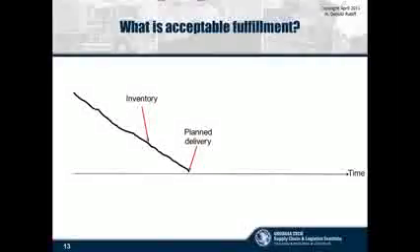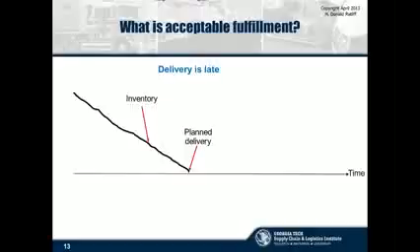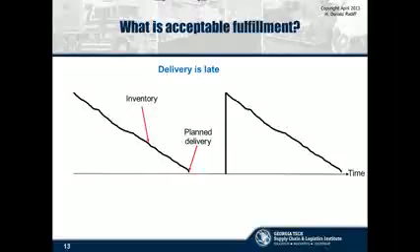There's another question which comes up, and that's what is acceptable. If I'm talking about fulfillment, what's acceptable? I've got my inventory, I've got my planned delivery. Now, suppose the delivery is late. Suppose I've forecast wrong. Either the demand is wrong or the lead time is wrong, but I've not ordered at the right time and the delivery's late.